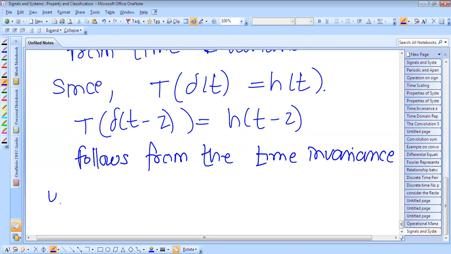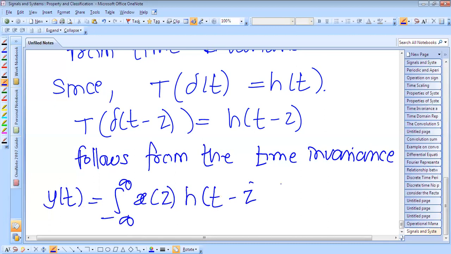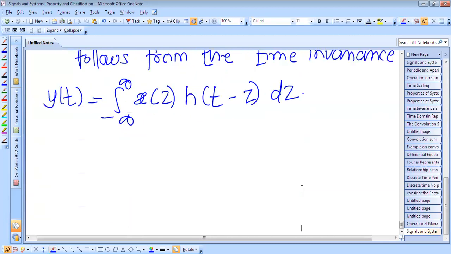y of t is equal to integral from minus infinity to infinity x of tau h of t minus tau d tau, and this is actually the convolution.